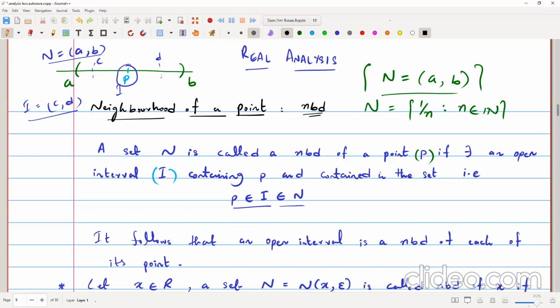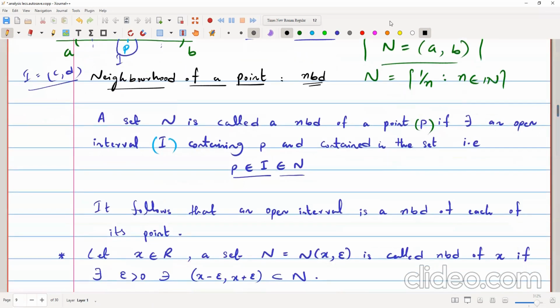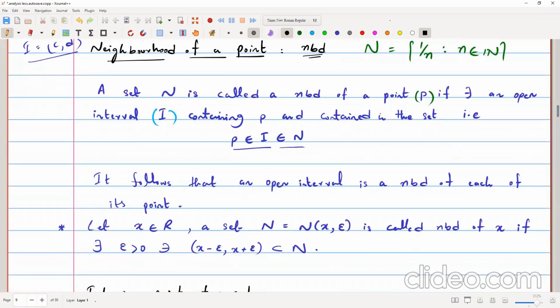So, let's look at one more definition. It follows that an open interval is a neighborhood of each of its points.